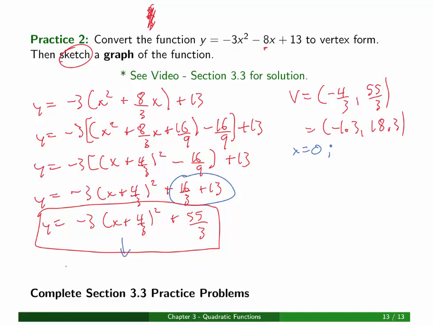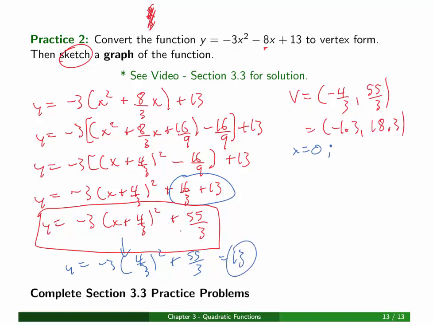0 in for x means you're going to have 4 over 3 squared plus 55 over 3. Now, something's funny that's going to happen here. 4 over 3 squared comes to be 16 over 9 times negative 3, plus 55 over 3 comes up to be 13.